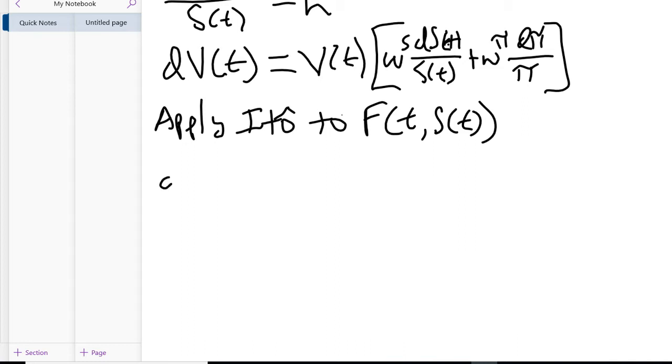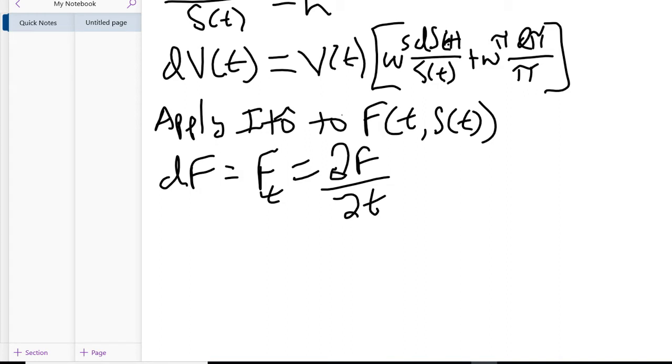You're going to have the differential of this is equal to, obviously, the first partial derivative with respect to t. I'm using the subscript to denote the partial derivative, which I think might be the Euler notation, versus the partial f over partial t, which is the standard Leibniz notation.